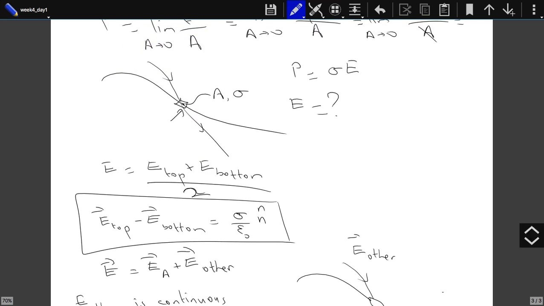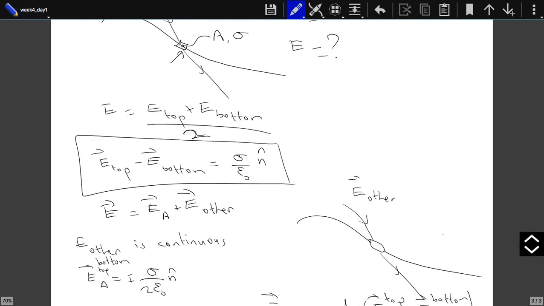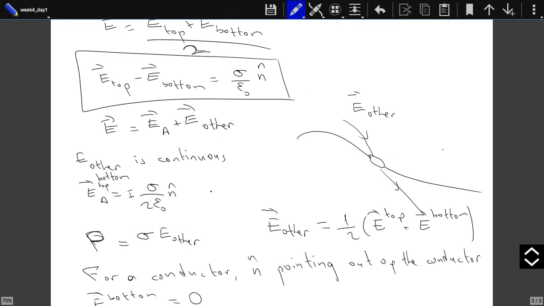So you see, the electric field at the bottom is 0. So if you write this electric field for the bottom of the surface of the conductor, this should be 0. But that tells us that E other should be just minus EA. So we know what E other is. We already know what EA is. We have determined what E other should be. So E other is related with EA.